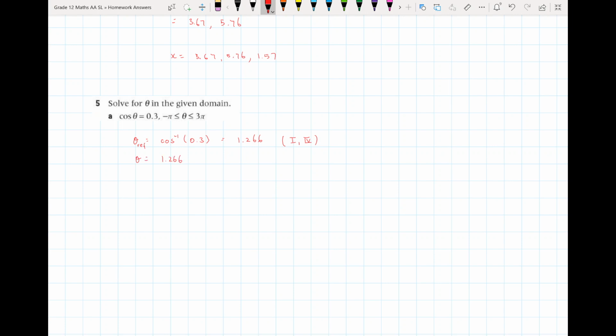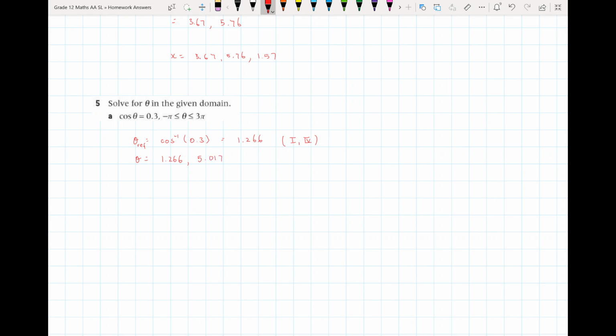Now, I'm not done yet because this is not my final answer. So I'm just writing 2 particular answers because I can go beyond 0 and 2 pi for the angle. So this will be 2 pi minus that, which gives me 5.017.